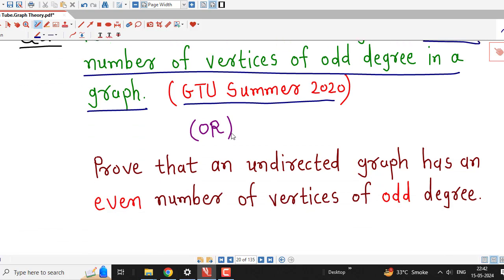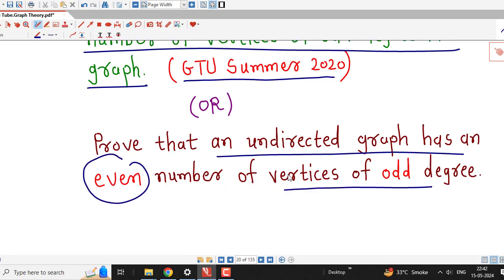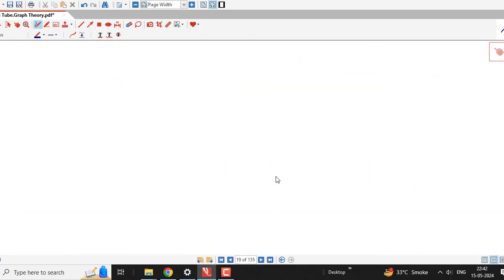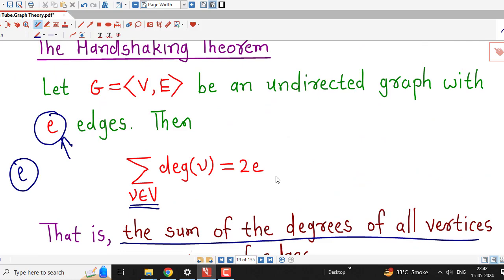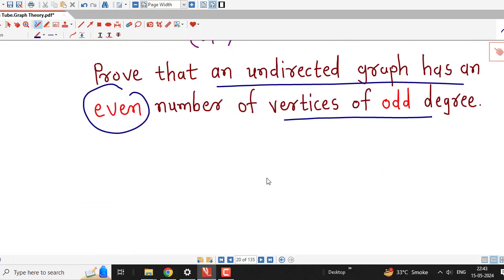They can ask in this way also: prove that an undirected graph has an even number of vertices of odd degree. The proof of this result is very easy. We can use the handshaking theorem to prove it. For that, first we consider two sets.